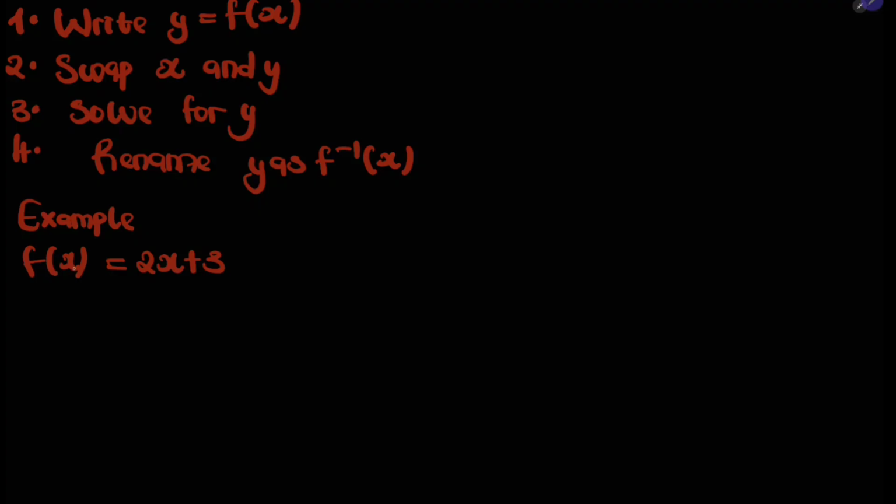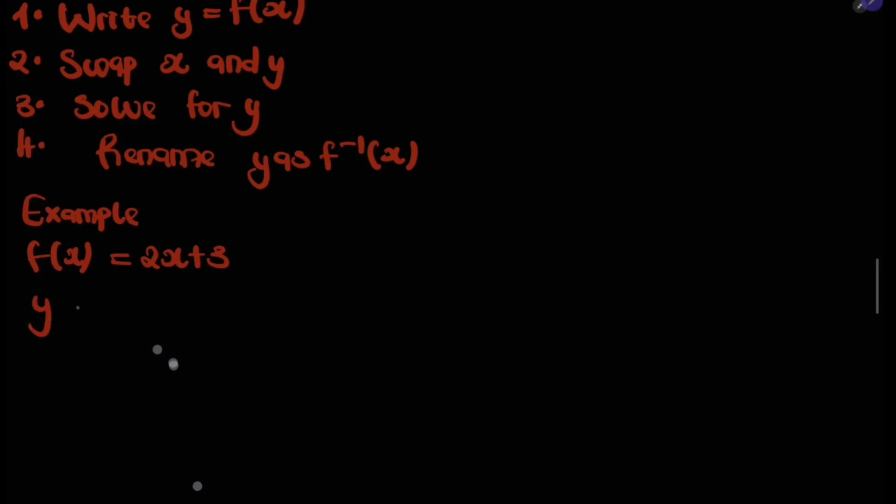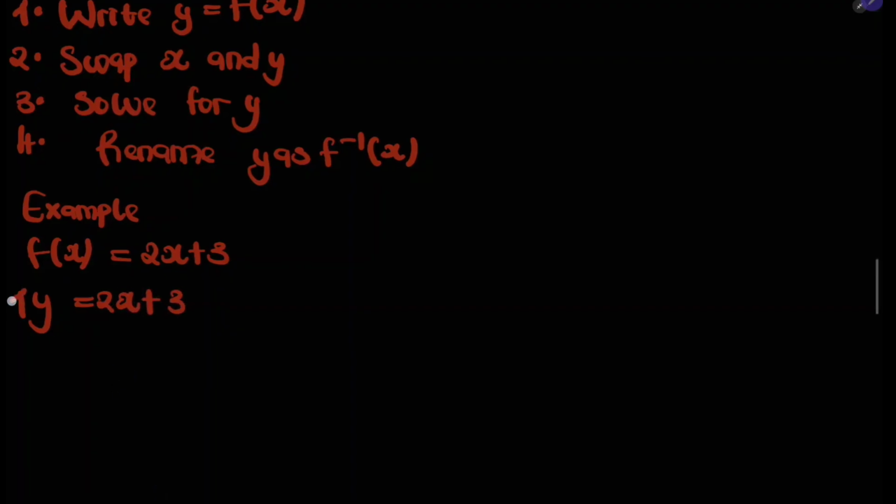Since f of x is 2x plus 3, we are going to have y equal to 2x plus 3. This is our first step. Our second step says swap x and y. That is, we need to just simply make x the subject of our formula. So normally we have it this way.